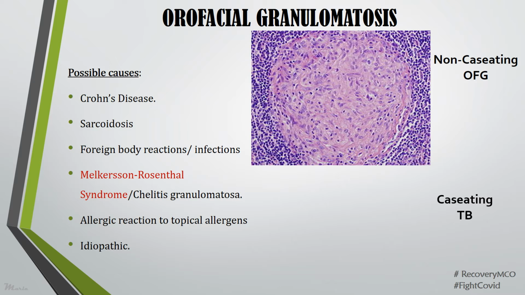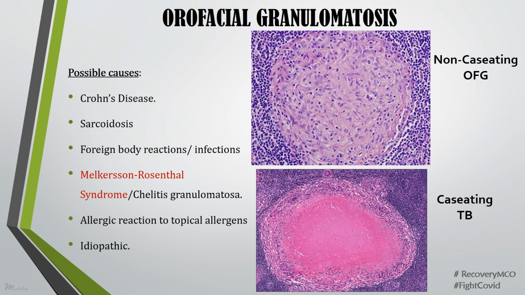This should be differentiated from other commonly occurring granuloma, that is the tubercular granuloma, which shows a central area of caseous necrosis. If you compare the two histopathological pictures here, you can appreciate that here there is a focal collection of epithelioid macrophages only, which is surrounded by a dense aggregate of lymphoid cells.